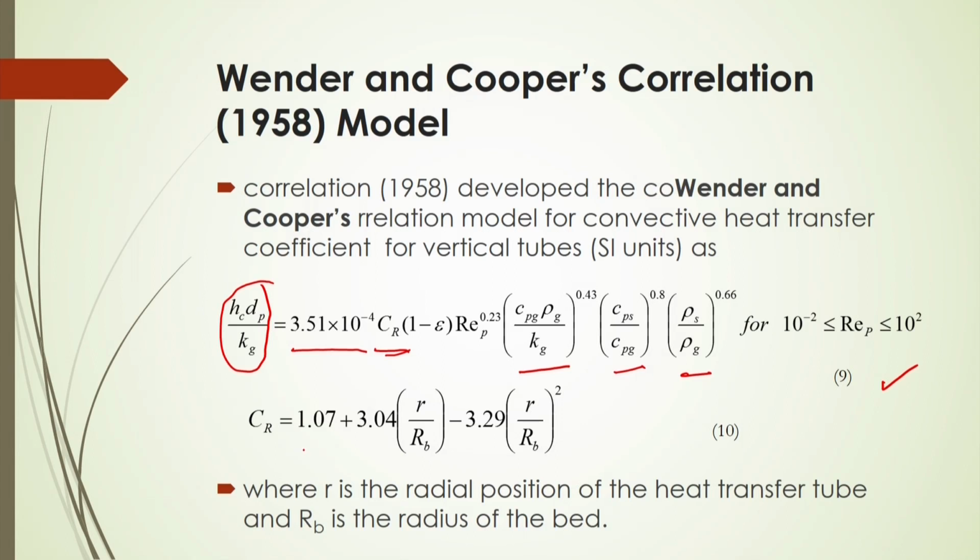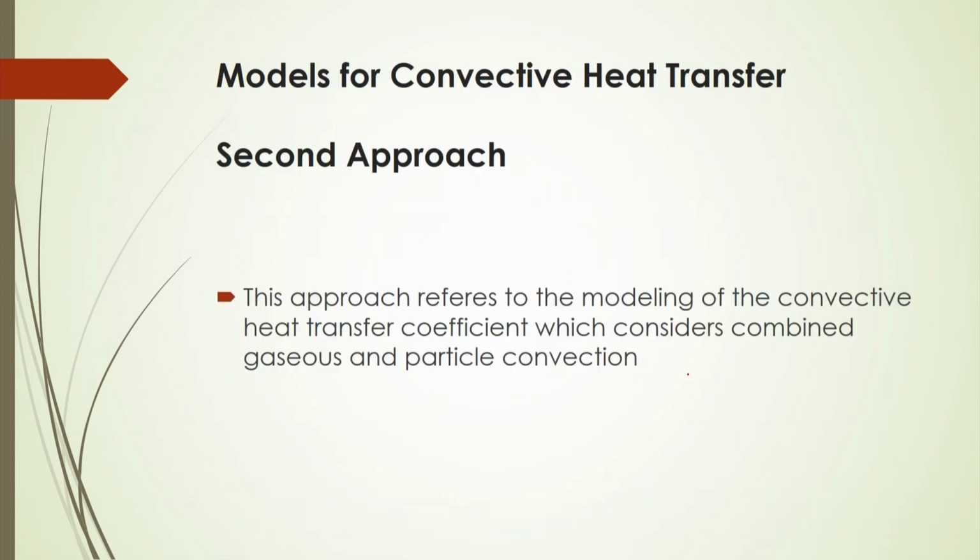So, CR will be equal to 1.07 plus 3.04 into r by Rb, minus 3.29 into r by Rb squared. Here small r is the radial position of the heat transfer tube, and Rb is the radius of the bed. So, from equations number 9 and 10 you will be able to calculate the convective heat transfer coefficient based on this approach of thin gas film thickness.